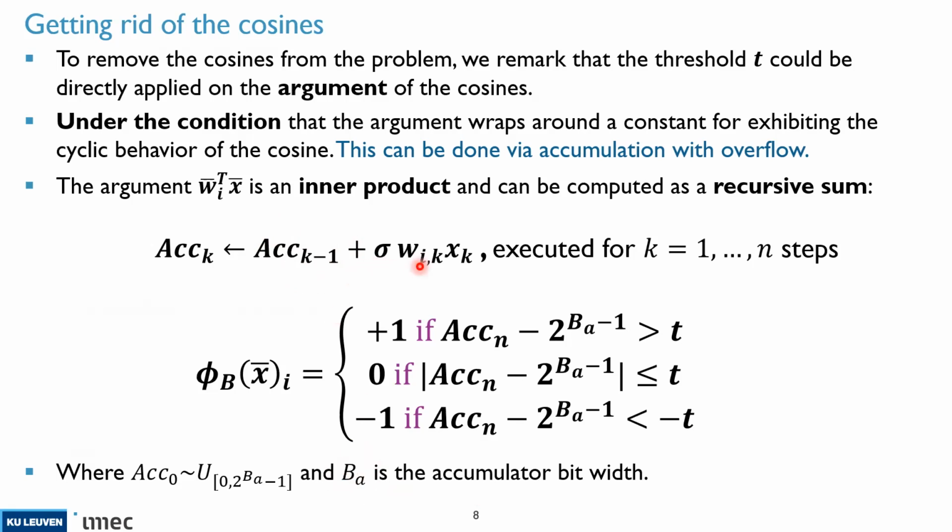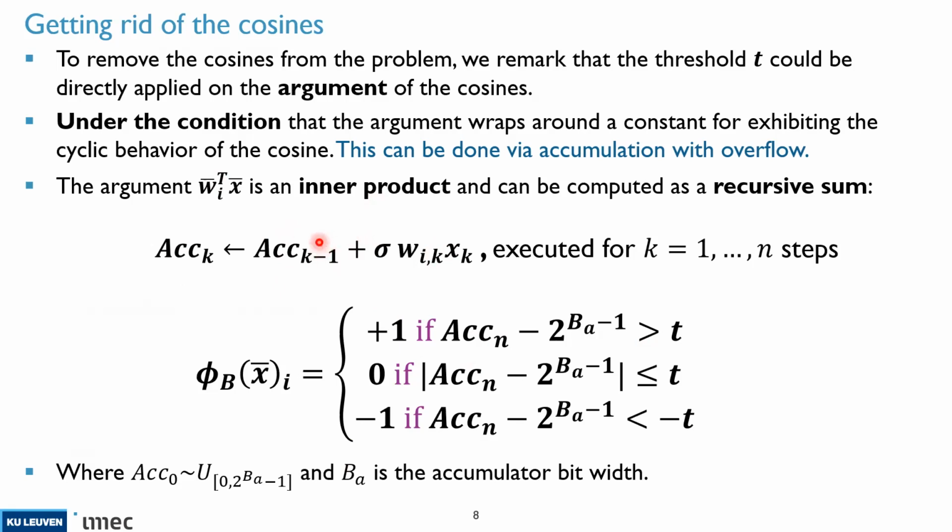And as accumulation is taking place, at some point, if you exceed the maximum integer that that precision can handle, you have an overflow and you get back to 0. And so you have this cyclic behavior that would appear by using such a cyclic accumulator with overflow. So we can use that to compute this inner product and then threshold the value of this accumulator after these recursive steps took place.